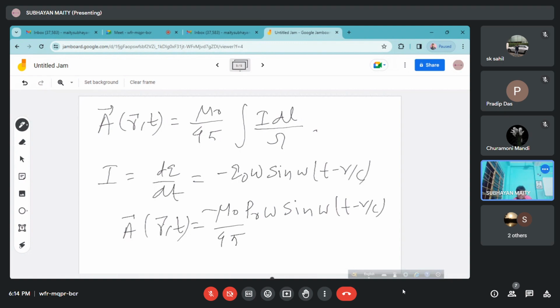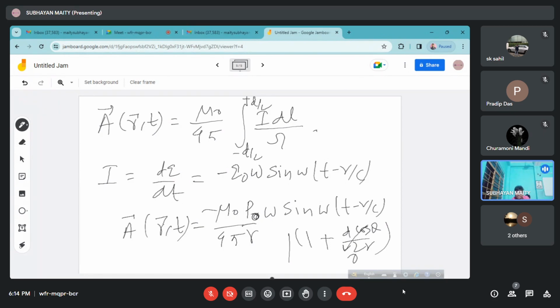Here 1 by r into 1 plus d cos theta by 2r, so we get 1 by r and 1 by r square.